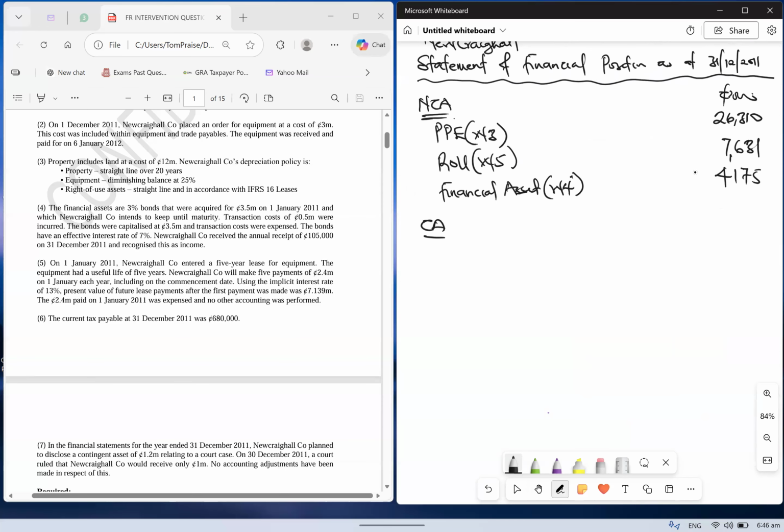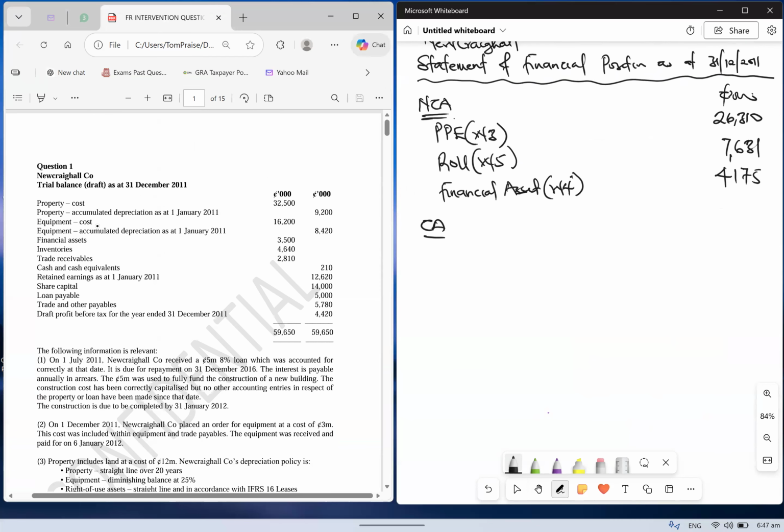Then let's come to the current assets, if any. We have inventories. No adjustment on inventory, so that should be straightforward. So inventories is 4640.